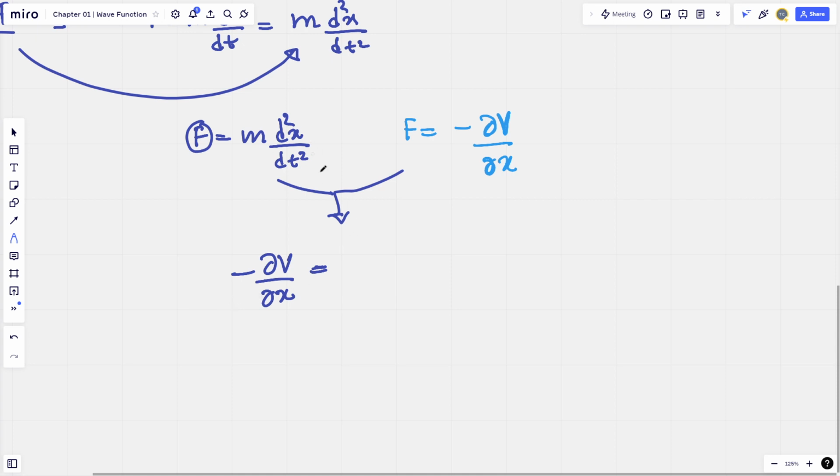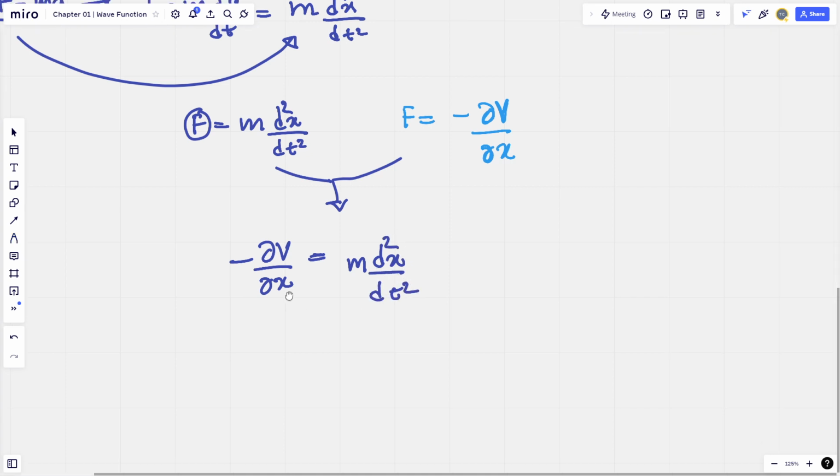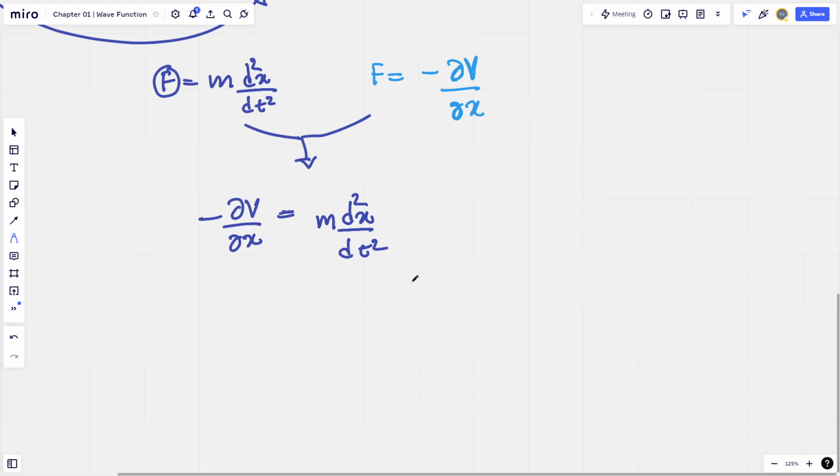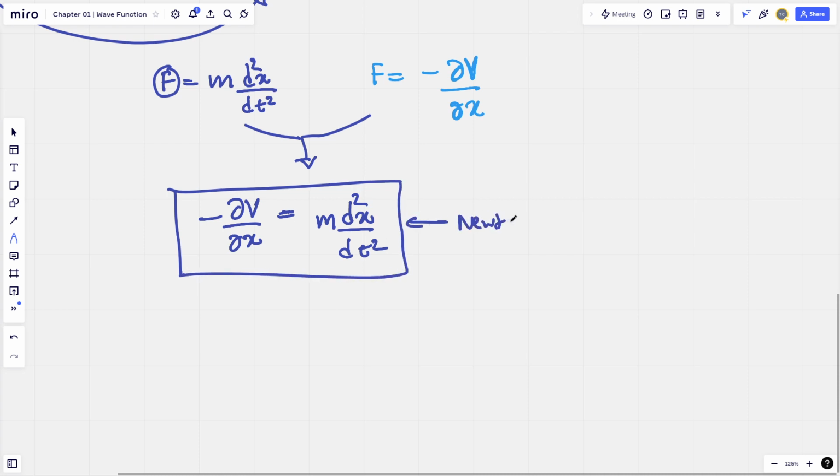Combining these two, we get m times d squared x over dt squared. This is Newton's second law.